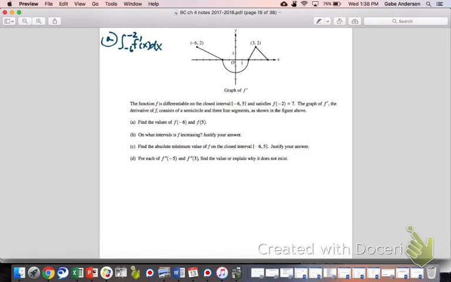Why would I pick those limits of integration? You know -2. Yep, I know about f of -2, and I want to know about f of -6. So I'm going to put equals f of -2 minus f of -6, and there we go. I know that f of -2 is 7, so this is going to be 7 minus f of -6. But then how am I supposed to evaluate that integral on the left?